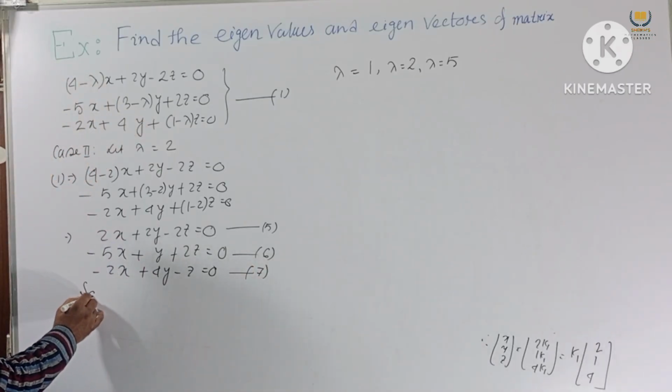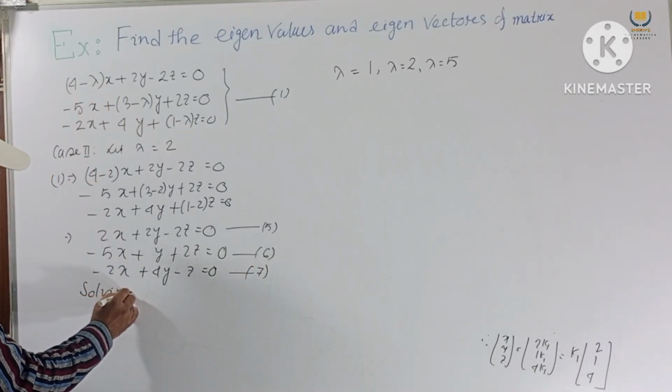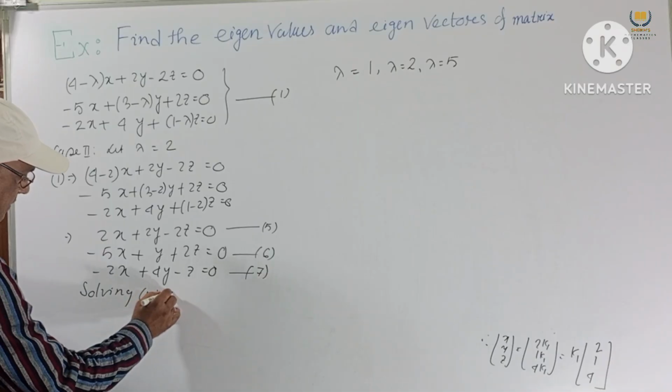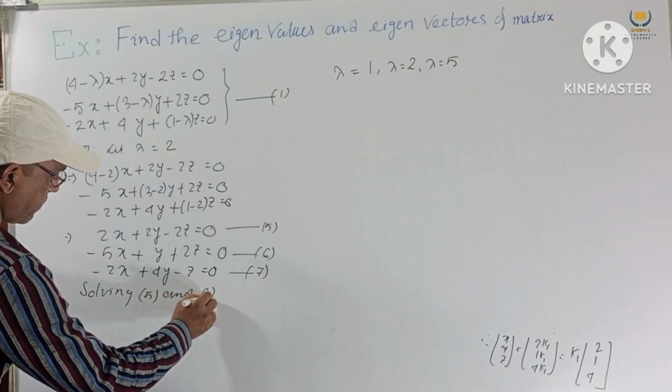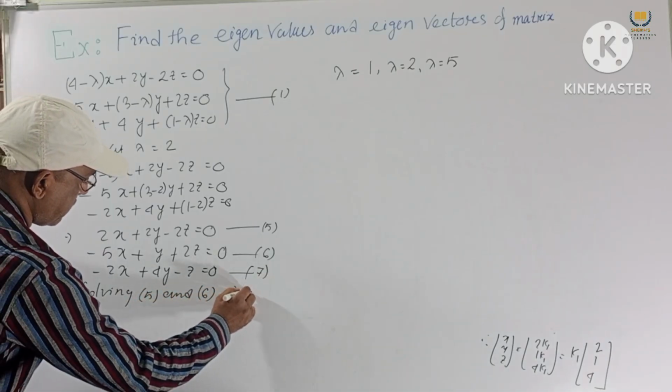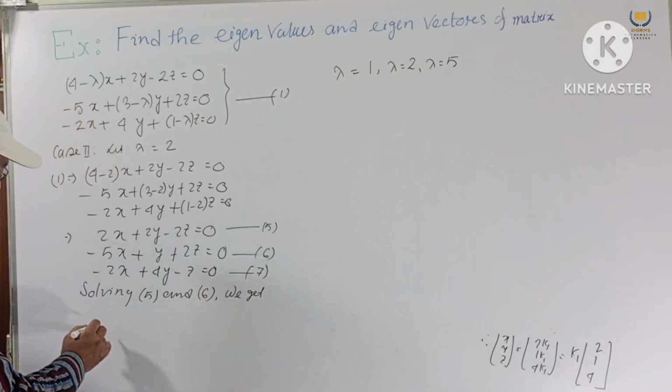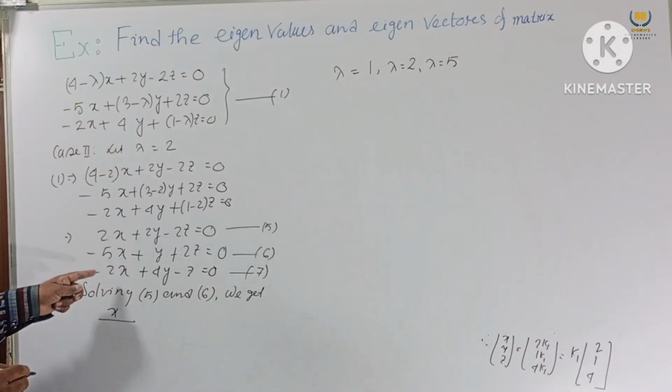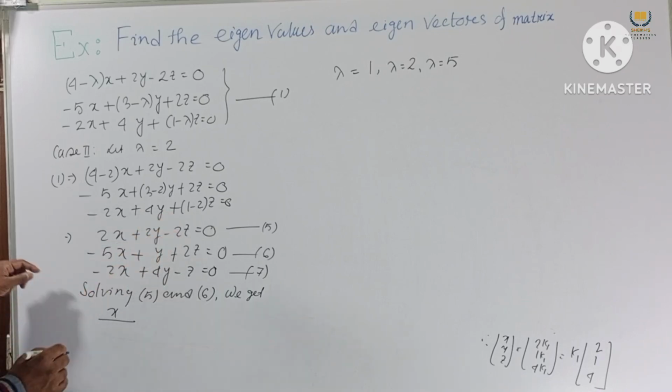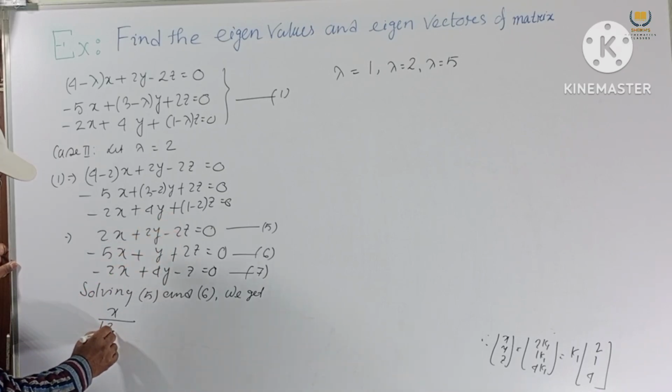Solving 5 and 6, we get: for x, this one cancels, so 2, 1, minus 2, 2.